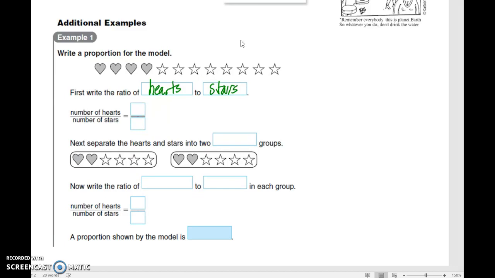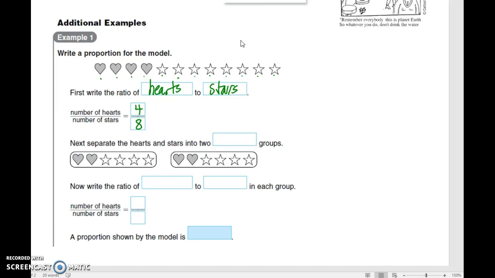Now I'm going to go up and I'm going to count. Number of hearts. So I have 1, 2, 3, 4. So I write that on top. And then I count up my stars. 1, 2, 3, 4, 5, 6, 7, 8. And there's 8. How would I read this? As a ratio. Not 4 eighths. 4 to 8.